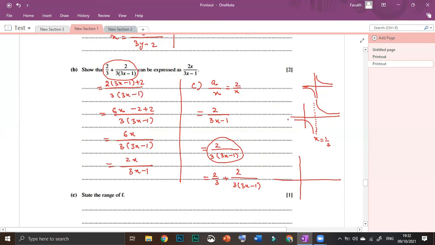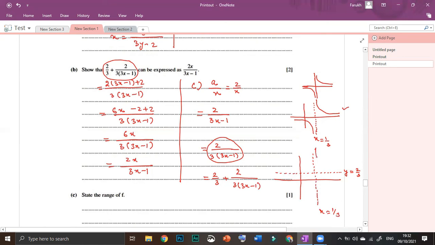In this graph, the asymptote is y is equal to 0. That is x-axis. When we add 2 over 3 to all the values, now the asymptote is y is equal to 2 by 3. And x is equal to 1 by 3 is as it is.